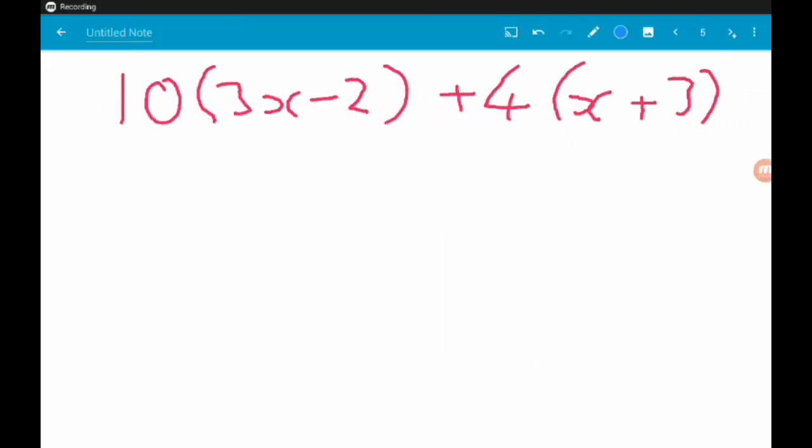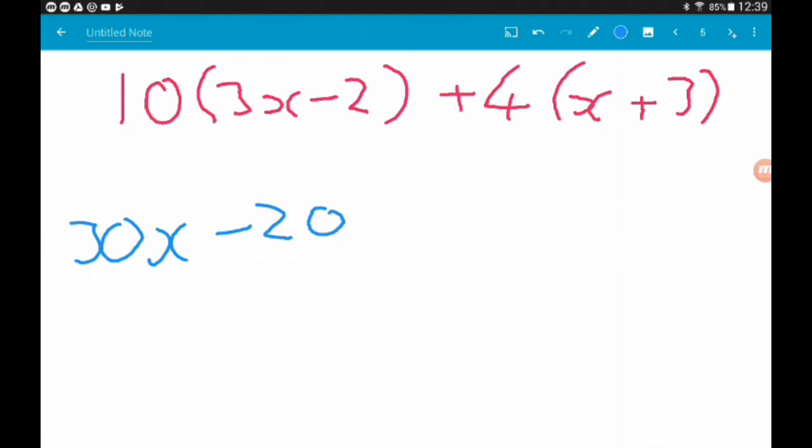Okay, next example. So we've got 10 lots of 3x minus 2 add 4 lots of x plus 3. So, first job, expand the brackets. So for this first one, 10 times 3x is 30x. 10 times minus 2 is going to give us minus 20.